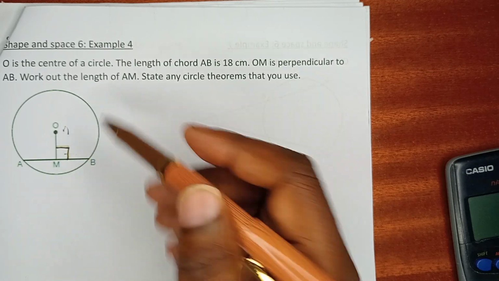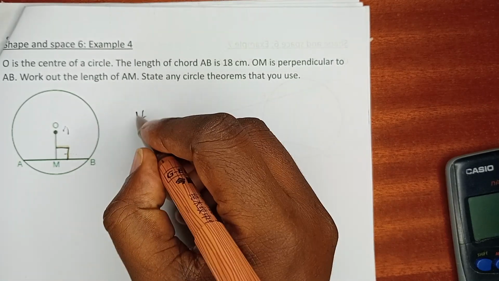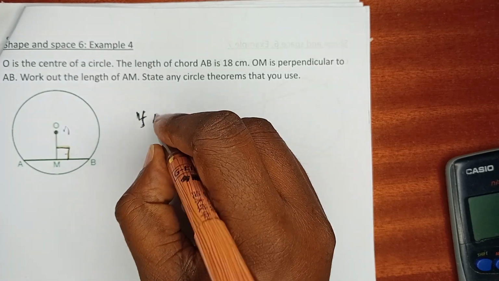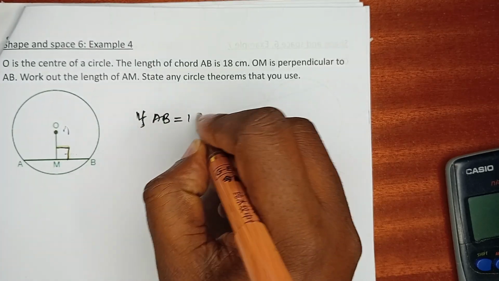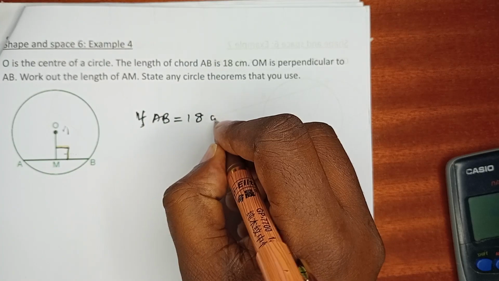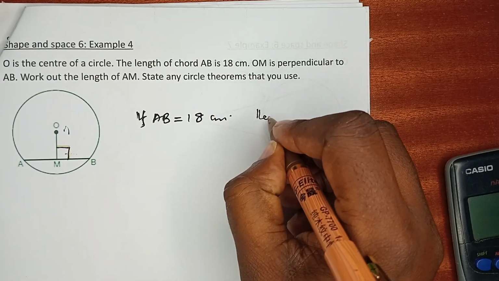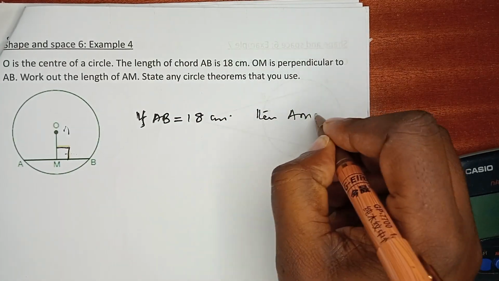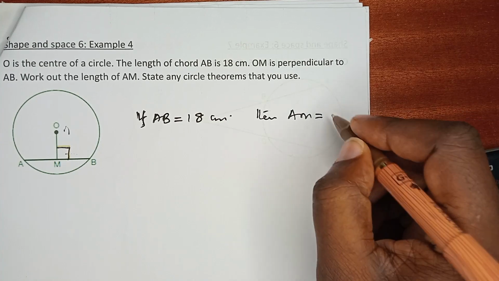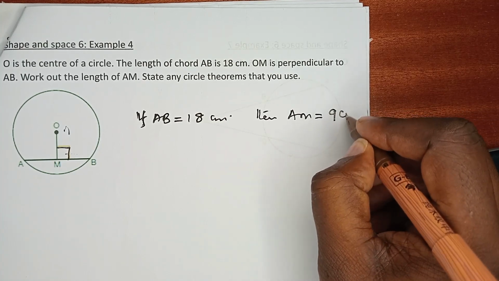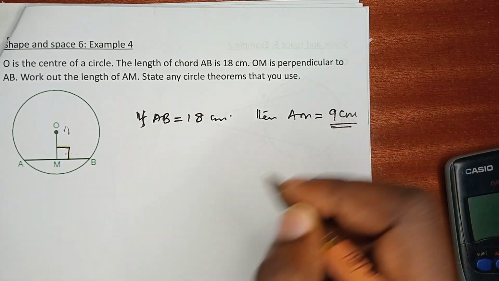In other words, if AB is equal to 18 centimeters, then AM is equal to 18 divided by 2, 9 centimeters.